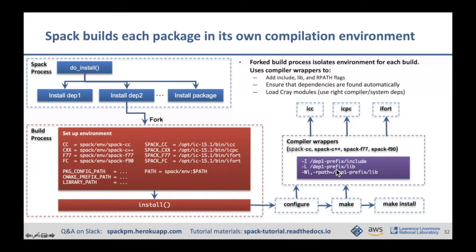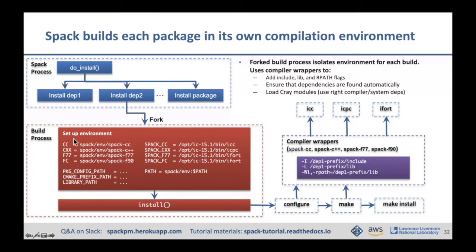So we insert includes, library search paths, and RPATHs on the link line so that your package gets built with exactly what was in that spec. And that's how we ensure that all of those packages in that large directory tree know how to find all their dependencies. We basically force the RPATHs in there. So you could think of Spack as a big system for injecting compiler wrappers into builds, and it kind of is.